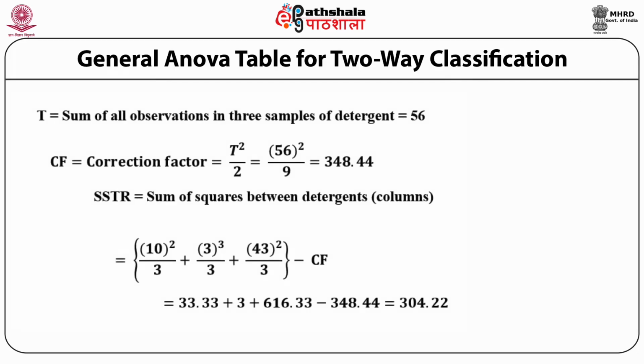T is the sum of all observations in the three samples of detergents, and it comes out to be 56. Here again we have used the shortcut method, in which, as I have already explained, we use a correction factor, and the correction factor is equal to T squared upon 2.